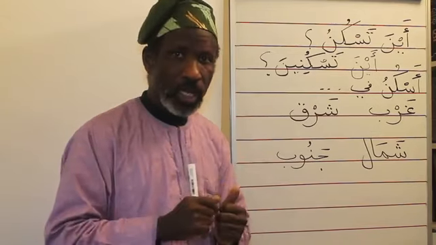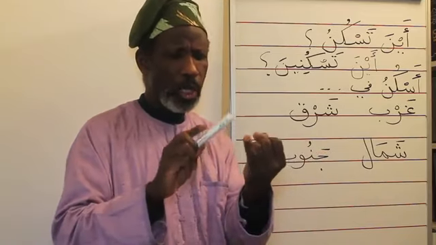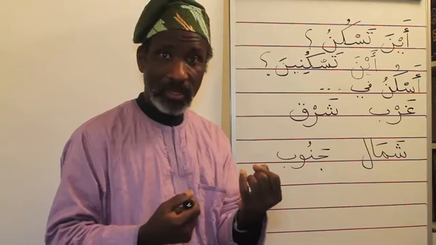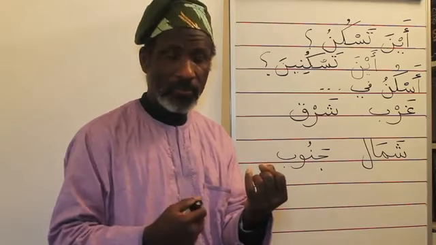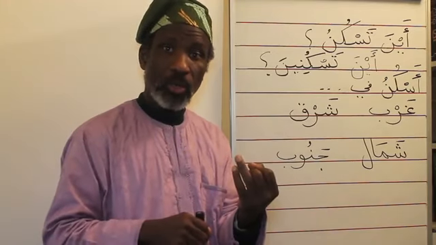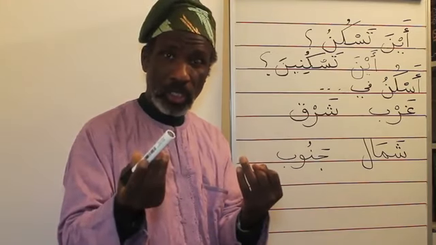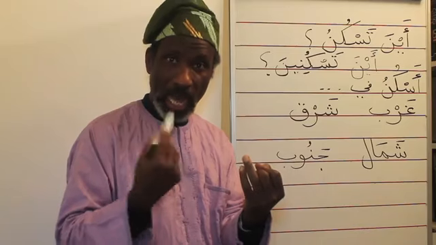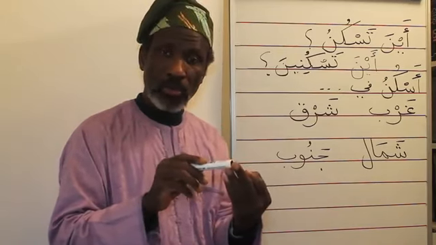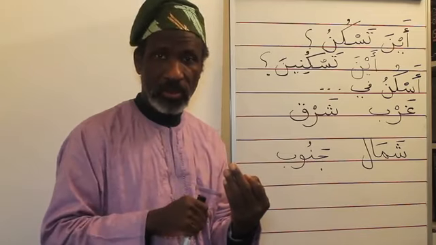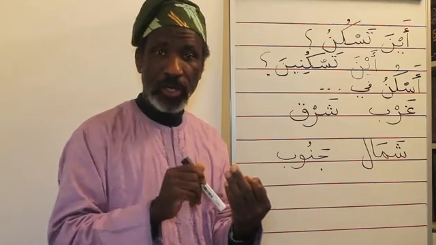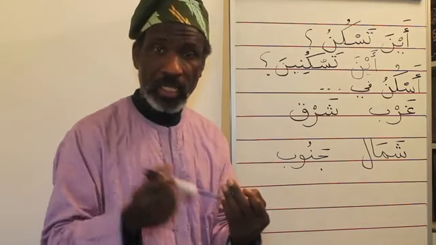تسكنين, تسكن. How many verbs do we have now? We have أحب, تحب, تحبين, I like, you like. We have تريد, تريدين, أريد. You want, I want, I would like, you would like. And we have أفضل, I prefer. تفضل, you prefer. تفضلين, you prefer.